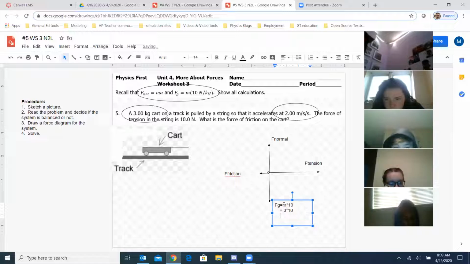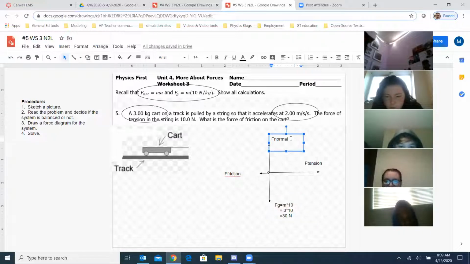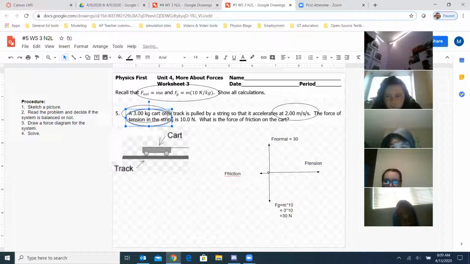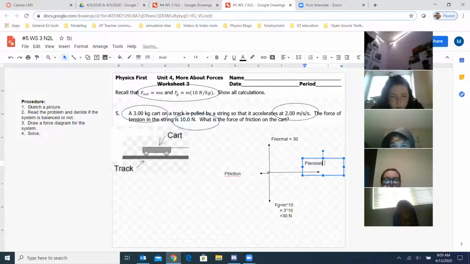And 3 times 10, that's 30. 30 newtons. So that means the normal's got to be 30 as well because it balances out the gravity. That's 30. It tells us that the string has a tension of 10 newtons in it. So I know what this tension force is. It's 10 newtons.